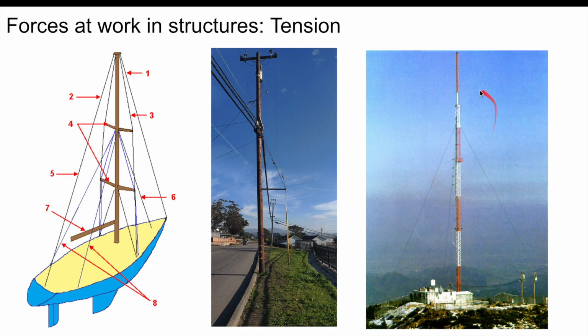You can see the same thing on this. This is an antenna, and you can see these guy wires. These are called guy wires here. And there are also 4 of them acting in opposite directions in order to hold this antenna up. Now, you don't always have pairs of guy wires. This is another example of guy wires. So this is a telephone pole, and you have the guy wires over here on the right-hand side.